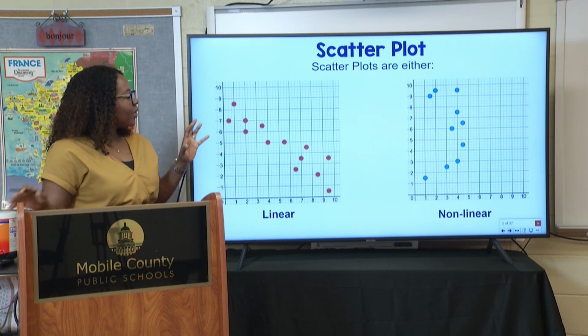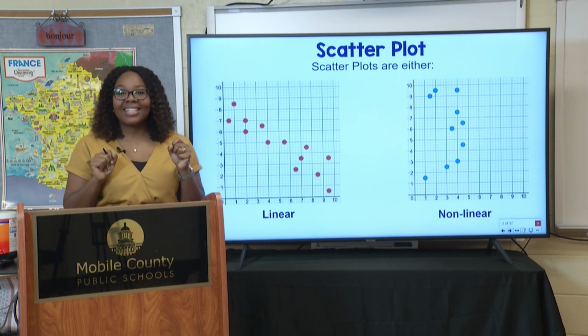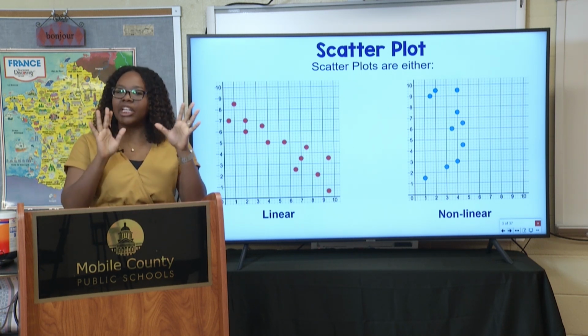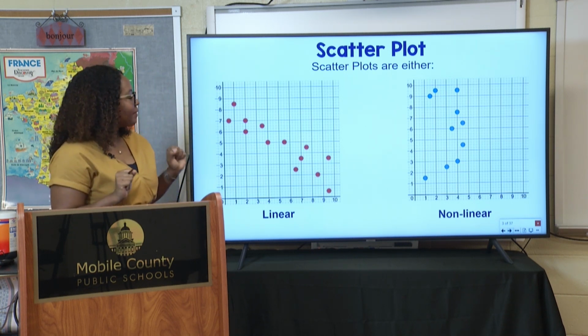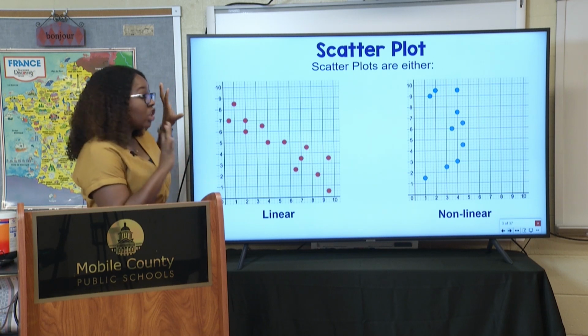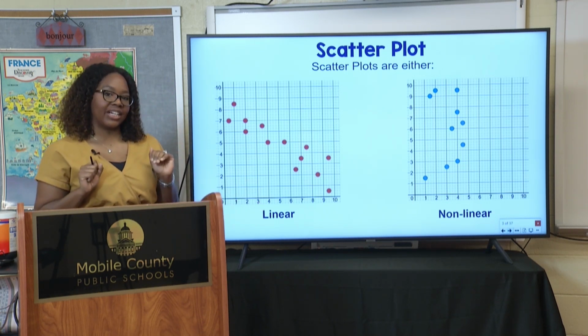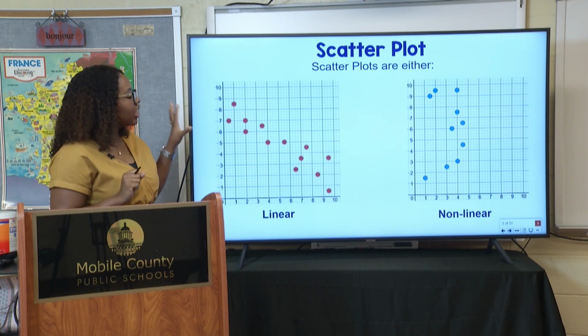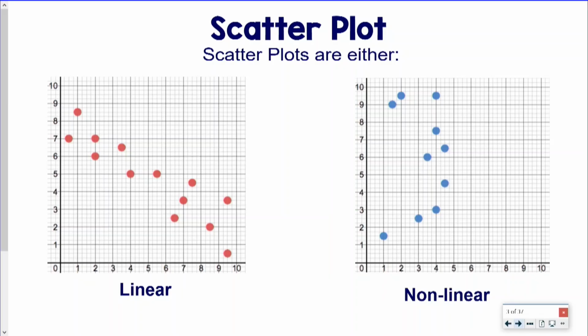Instead, we get dots that are kind of all over the place. However, they have this nature, this trend-like. So if we have a scatter plot, and the trend looks like a line, we'll say that that scatter plot is linear. If it does not look like a line in nature, we'll say that it is nonlinear.